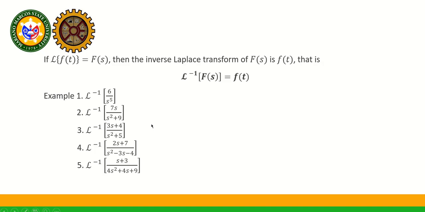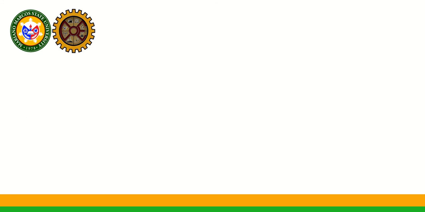So let's try example number 1. That is the inverse Laplace of 6 over s to the 5. Okay? So let's write. Sulat natin dito. Number 1, inverse Laplace of 6 over s raised to 5. Okay? So kailangan natin yung table natin ngayon.